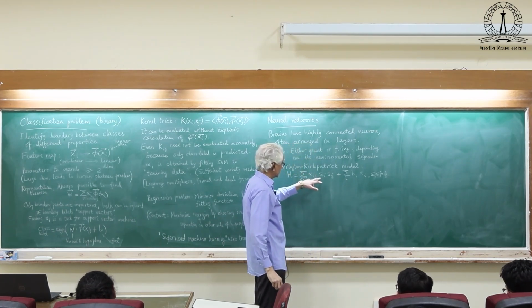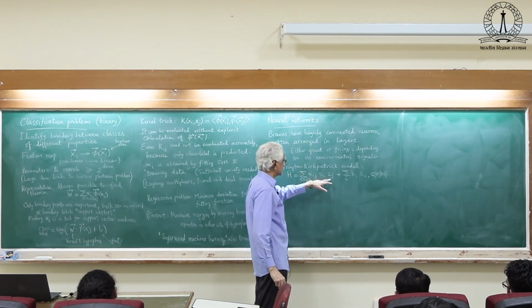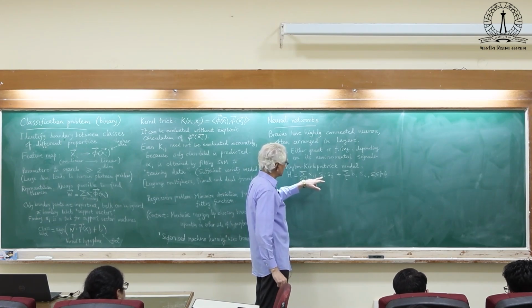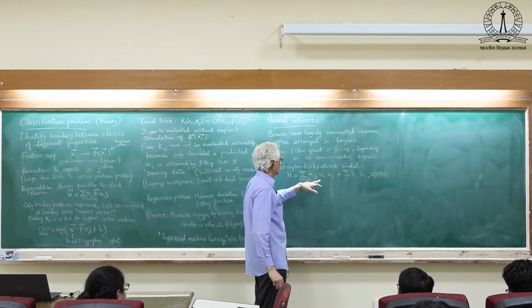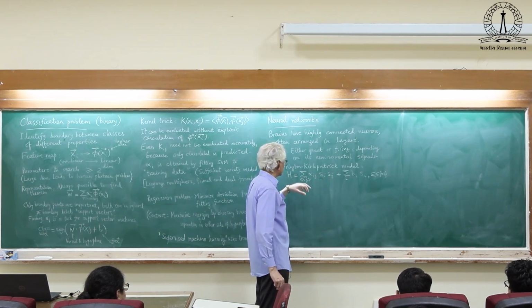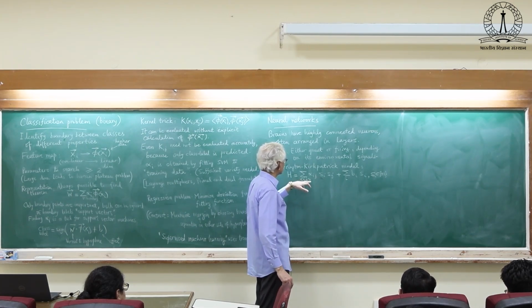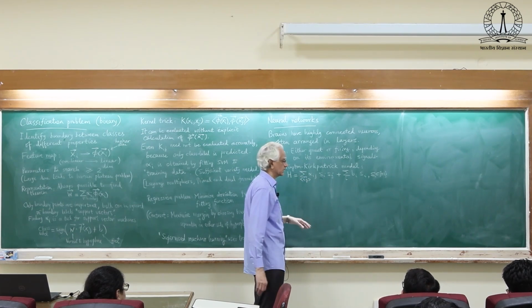There has been some influence from the neighbors, which is denoted by this coupling S_i S_j, and this sum is over who is neighbor of who, which depends on the structure of the geometry.